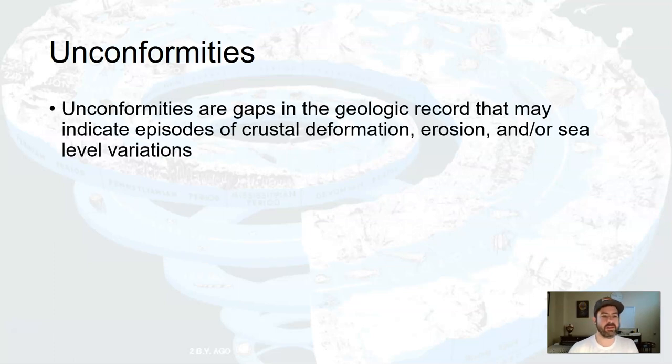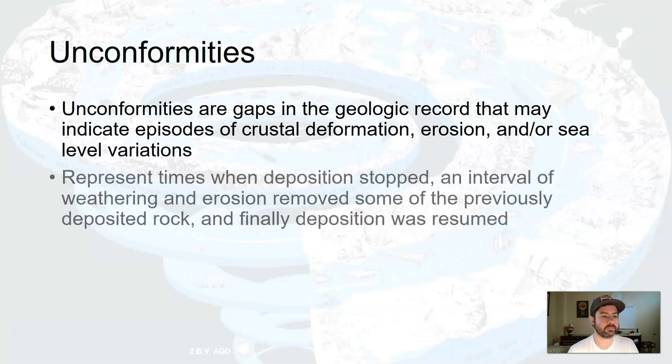So again, unconformities are gaps in the geologic record that may indicate crustal deformation, weathering and erosion, and or sea level variation. These unconformities indicate a change in processes, stuff added, stuff removed. There's this gap in time.